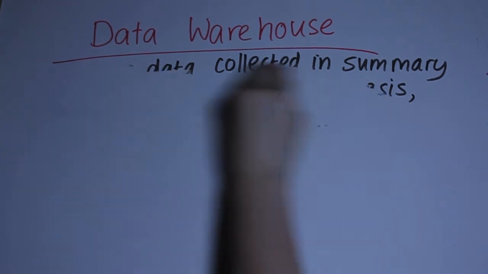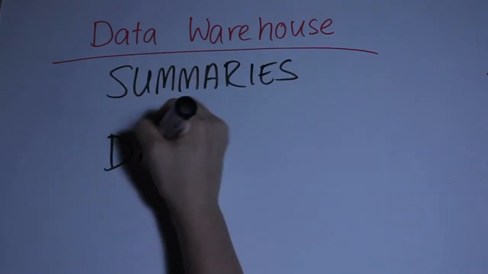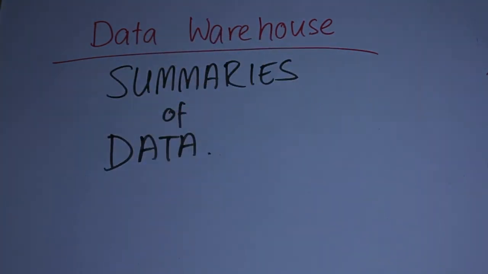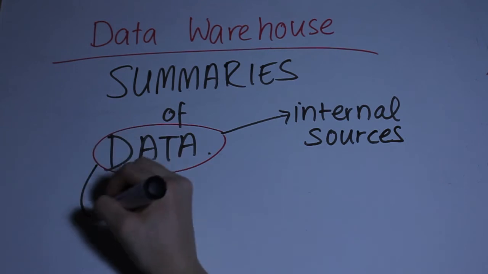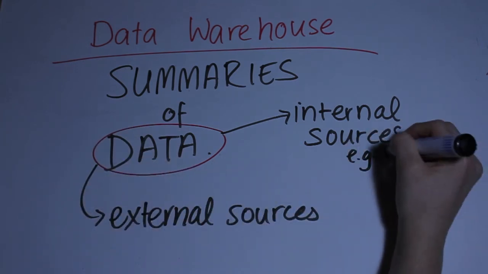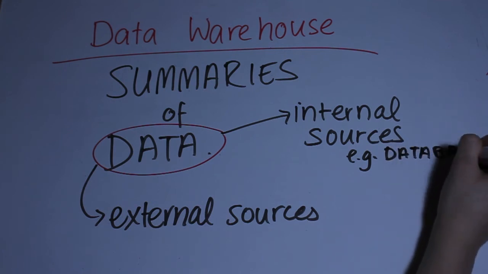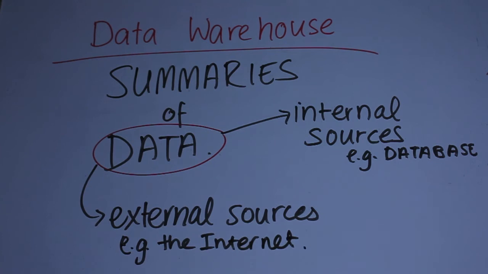Let's just say that instead of showing just today's data records, they would collect summaries of data from, say, the past few years. This data may come from internal sources or external sources. An example of an internal source would be a database. An example of an external source would be the internet.